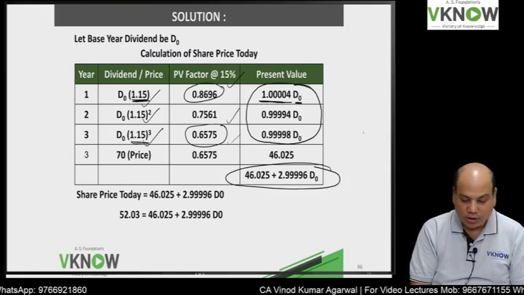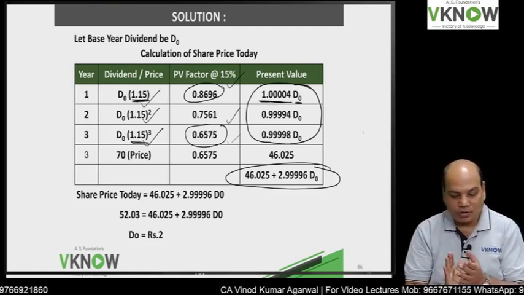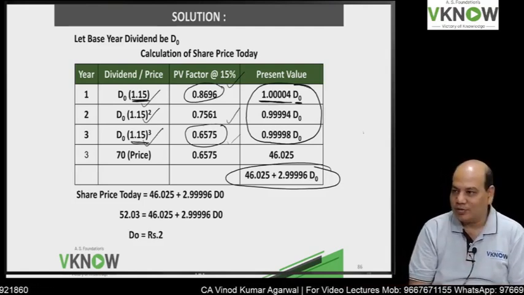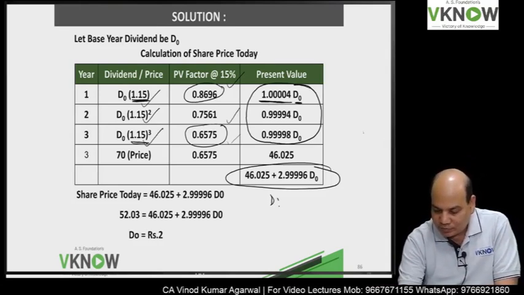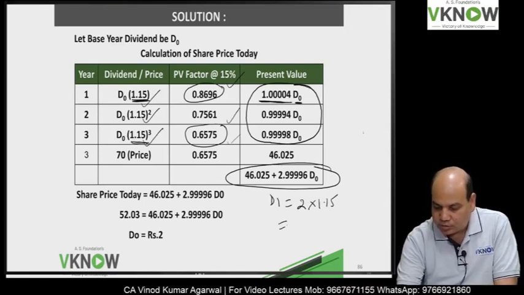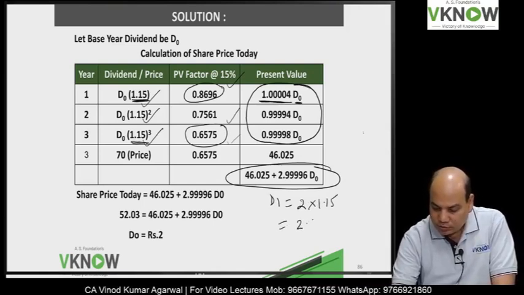Chidana has also replied, answer is 2. So your answer is right. Clap for all the students who have got it right. 2 rupees D0. So what will be D1? 2 into 1.15. Answer both. 2.30.